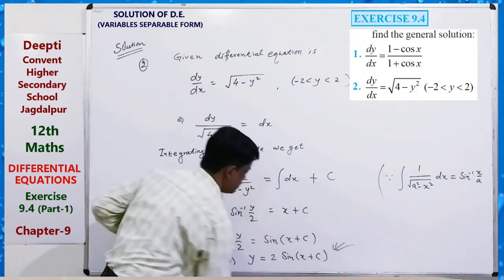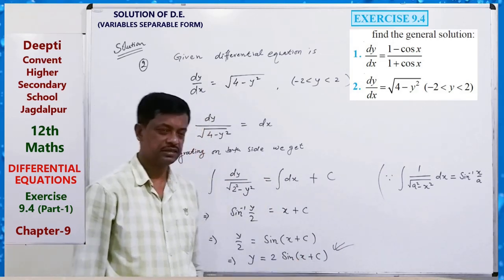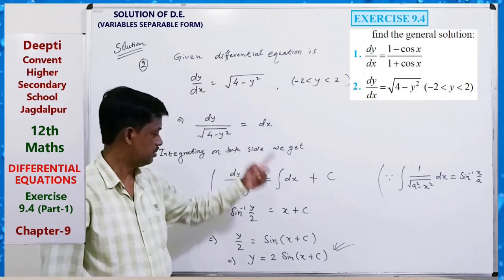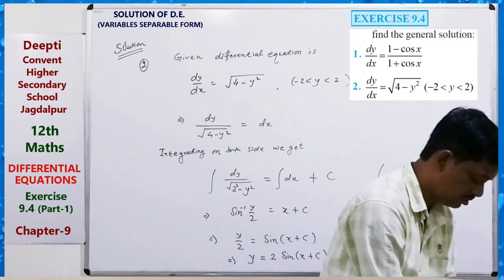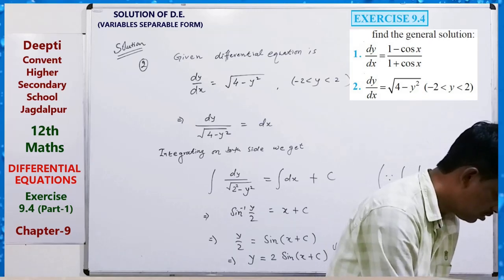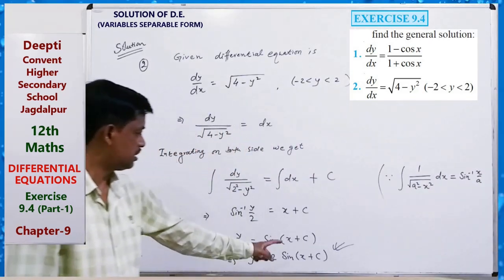This is our solution, containing one arbitrary constant. The general solution of the given differential equation is y equals 2 sine x plus c.